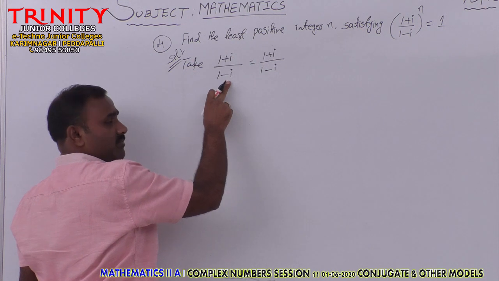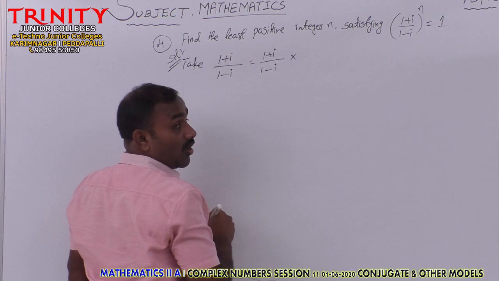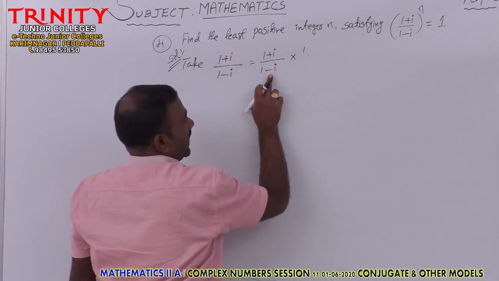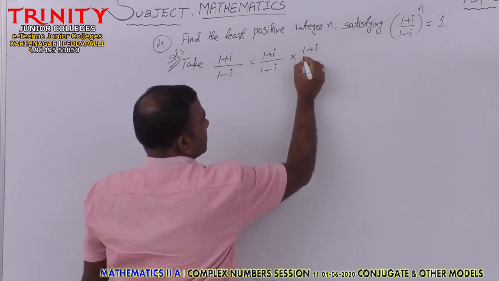To remove i, the imaginary part, from the denominator, we should always go for conjugation. Multiply and divide with its conjugate. The conjugate of 1 − i is 1 + i.